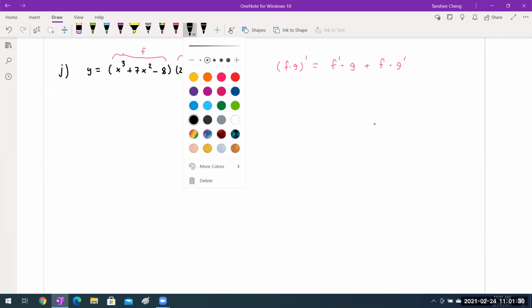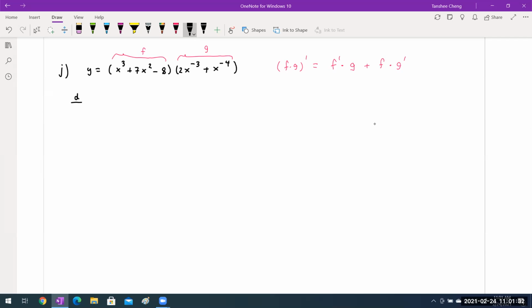So when we take the derivative, right? The derivative with respect to x of y will be equal to, we are taking the derivative with respect to x of this entire function. Okay? So I'm going to try to copy and paste to make it fast.